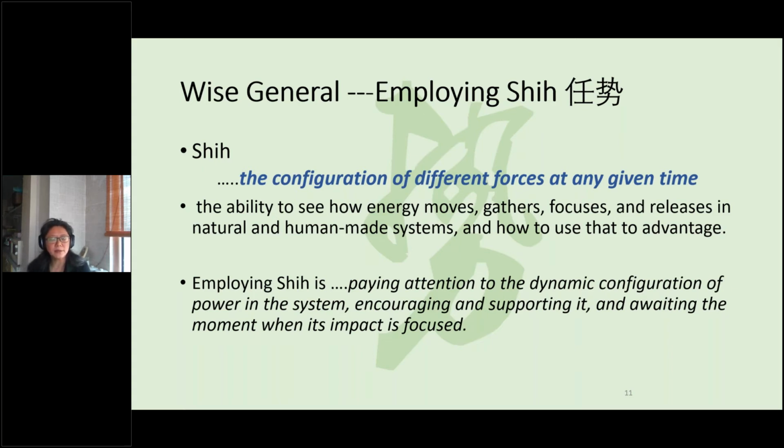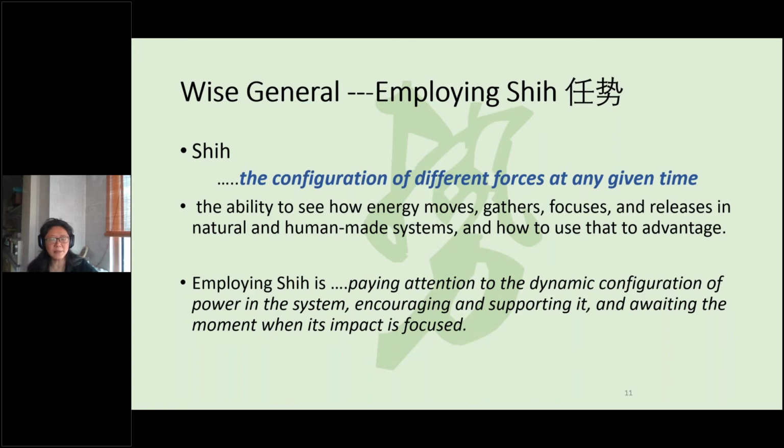So in the book about Sun Tzu's teaching, Rule of Victory, the Chinese word 是 is translated as the configuration of different forces at play at any given time.